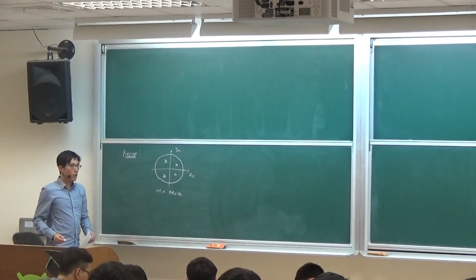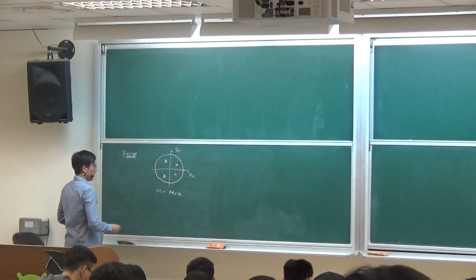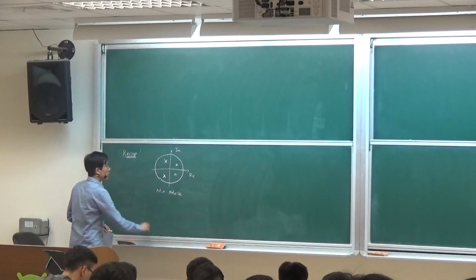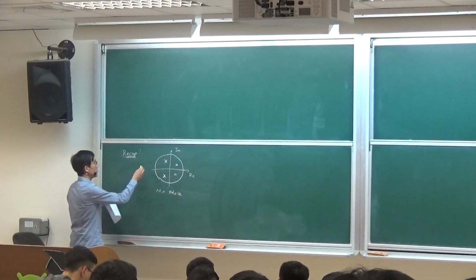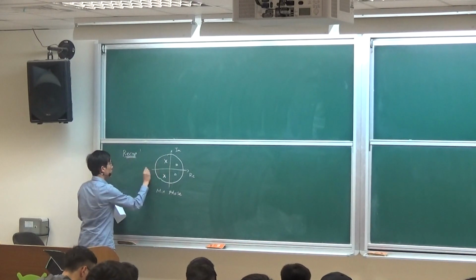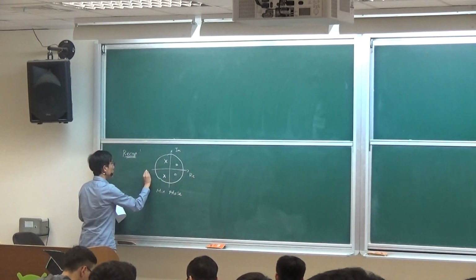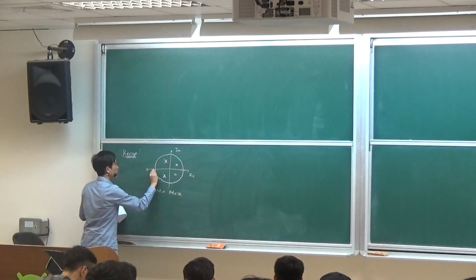But for everything else, it so happens that some of the zeros are outside the unit circle. Let's say, for example, we have one zero outside.